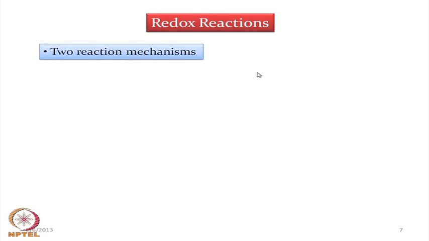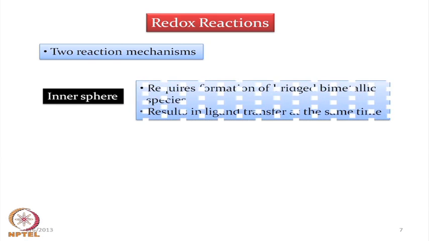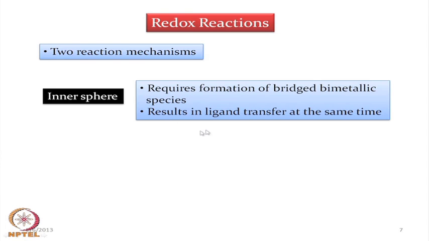So, for a particular type of redox reaction we can have two reaction mechanisms. One is the inner sphere mechanism, where the reaction requires formation of a bridged bimetallic species, which results in ligand transfer at the same time.